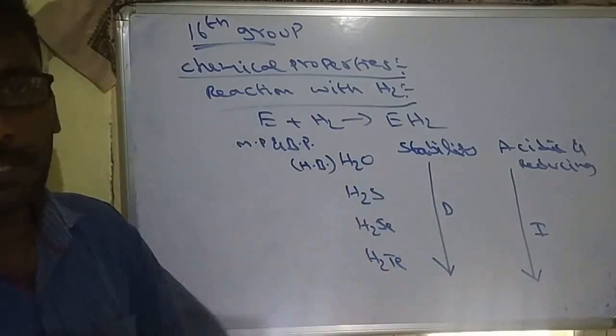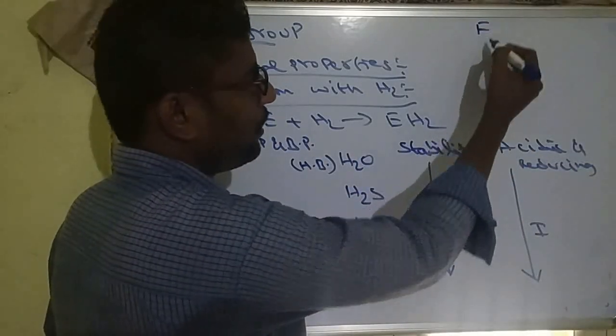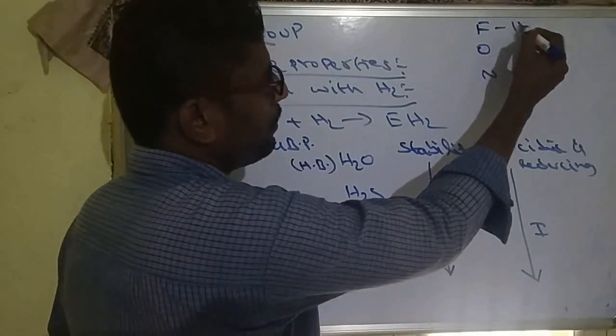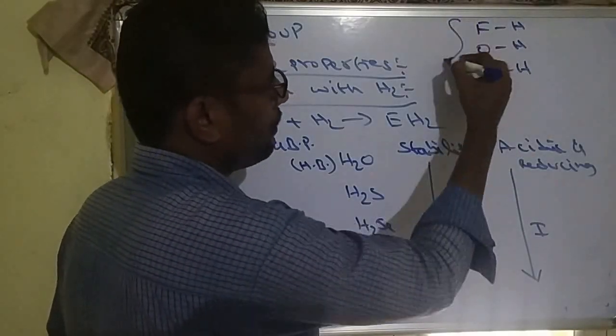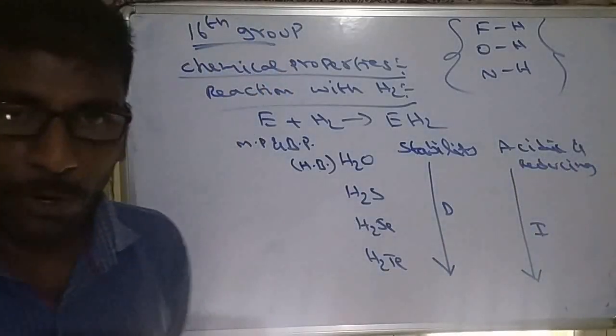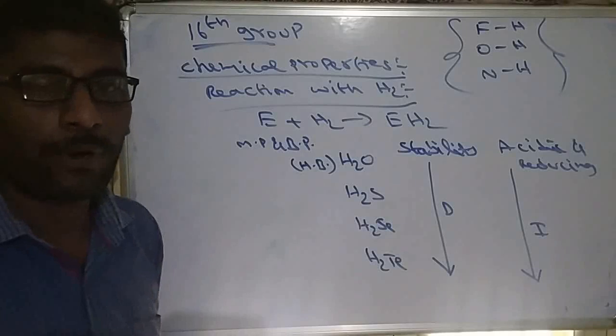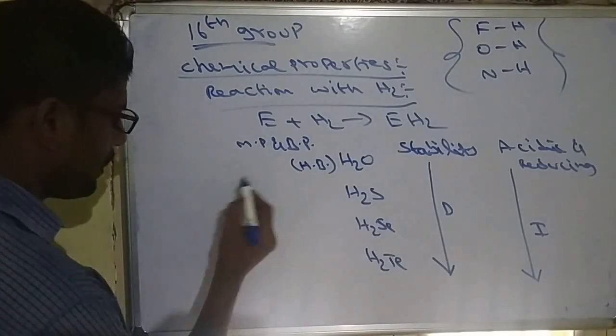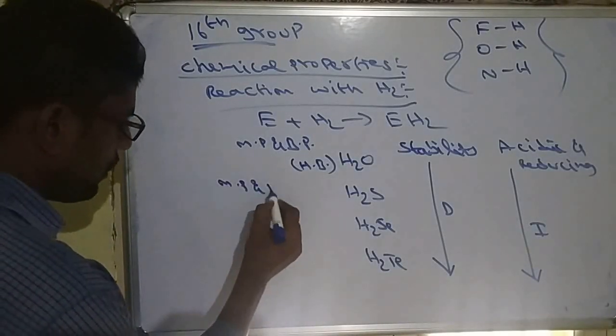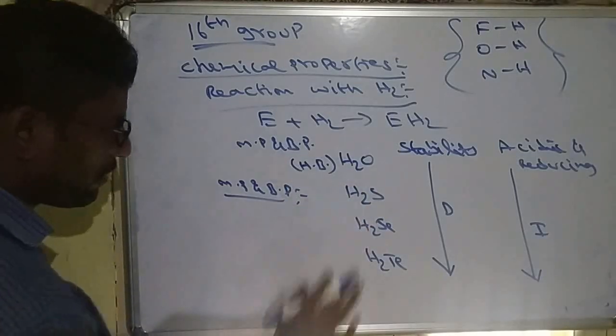In which molecule does hydrogen bonding exist? Already known: chlorine, oxygen and nitrogen. If they are attached to hydrogen, they can form hydrogen bonds. Because of the hydrogen bond, melting point and boiling point will be highest. So writing the order, melting point and boiling point order are both the same.